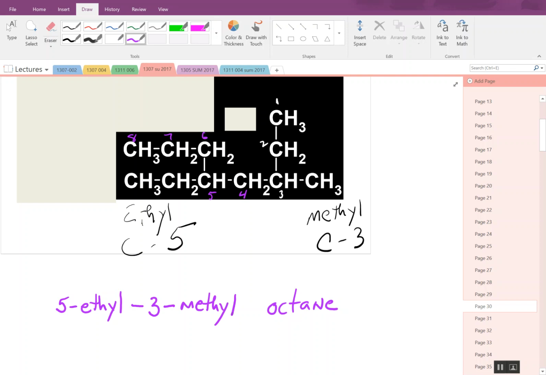And I'm running out of room. Seventh carbon is another CH2 group. And then there's a CH3 group.